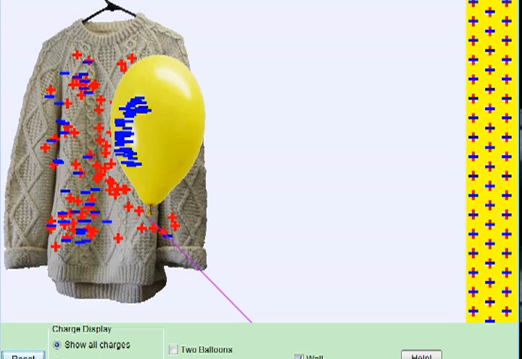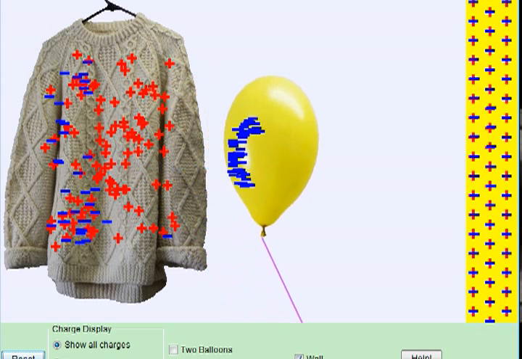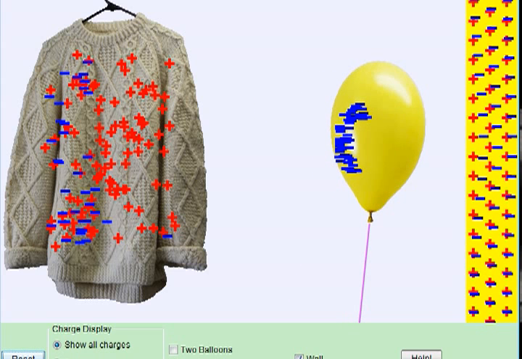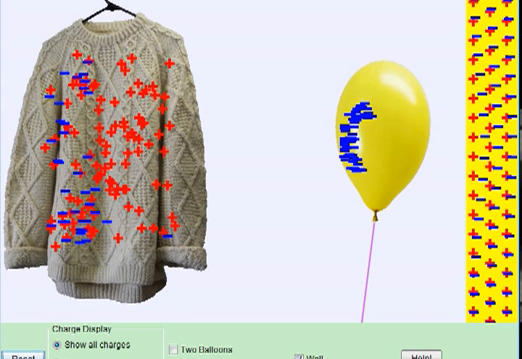If I take the negatively charged balloon and bring it close to this insulating wall, you can see something interesting happen. The negative charges in the wall, which are strongly attracted to the positive charges in the wall, do get slightly pushed away from their corresponding positive charge when the negatively charged balloon is brought close.